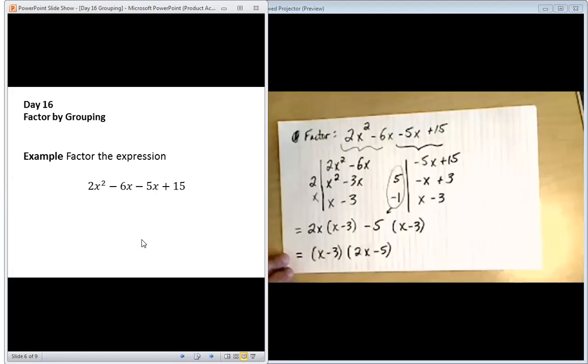Okay. Officially, the order does not matter. If you wrote it the other way around, 2x -5 times x -3, it gives you the same thing. Okay, but just to be organized, right? I'm gonna write it like that.